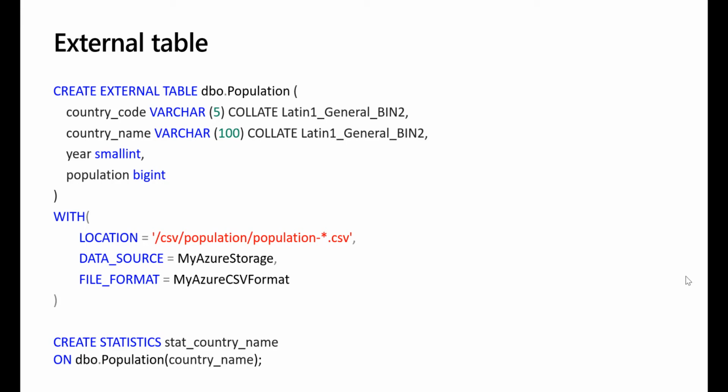Any Power BI dashboard or any other client will just see a table without noticing that the actual data is placed outside of the database. In addition, you can create statistics on the table by referencing the table name and table column. Statistics are very important for the query optimizer to pick the right plan in complex queries.